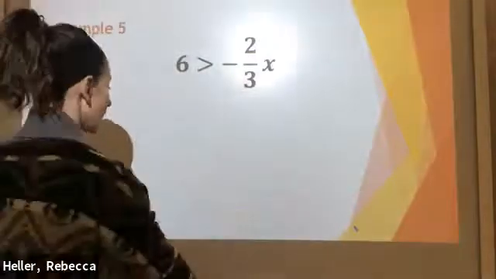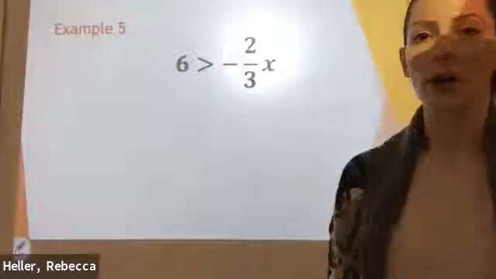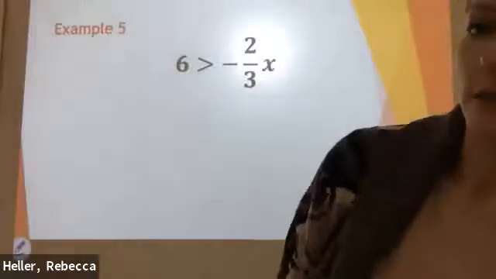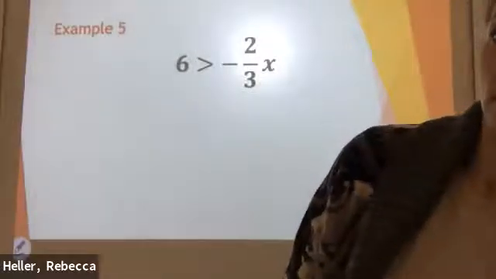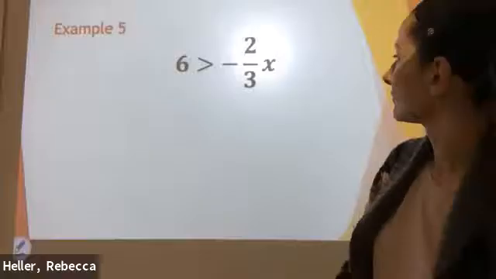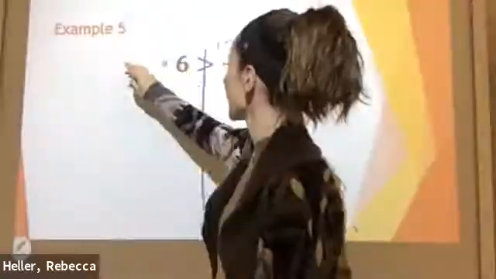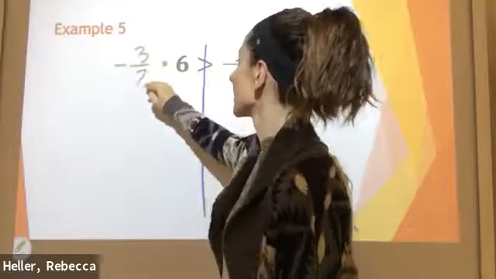If I'm solving this, what would I have to do to both sides to get the x by itself? Caitlin, go ahead. You would have to multiply the negative 2/3 times negative 3/2. Right, so you flip it and multiply on both sides by the reciprocal, making sure we keep it negative.